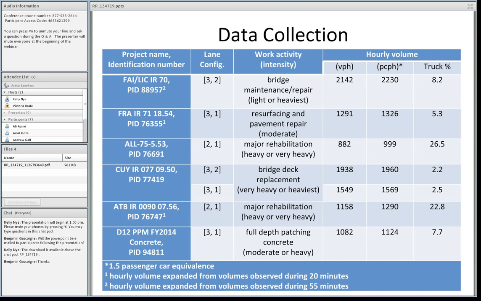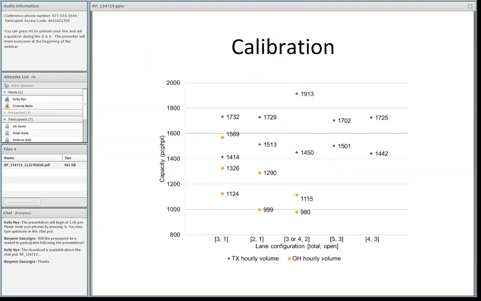The more interesting part here is what that data told us. So the blue dots on the graph are data that was collected previously in Texas, which is the basis for the base work zone capacity in the Highway Capacity Manual. And the Highway Capacity Manual recommends a base capacity of 1,600 passenger cars per hour per lane, which is what is in the formulation within the spreadsheet.